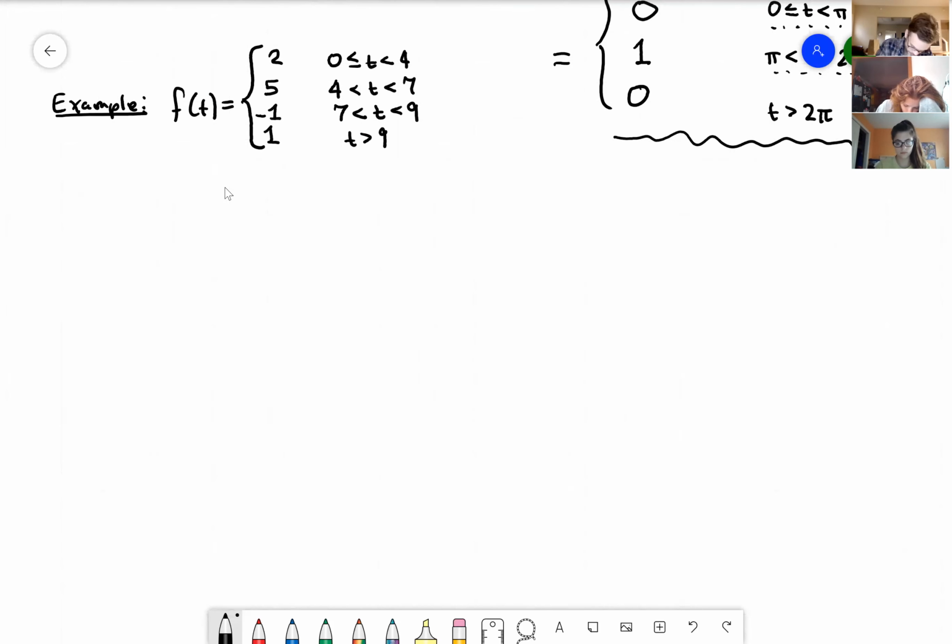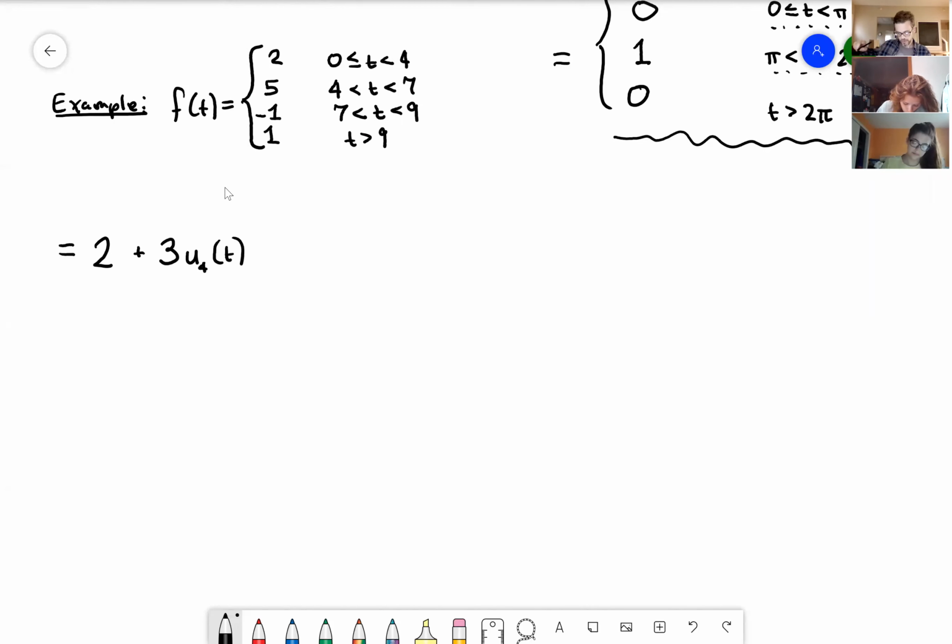So I want this function to start off at 2. So going from 0 up to 4, it's equal to 2. That's easy. That's just 2. Now at 4, I'm going to transition from 2 to 5. So if I'm starting at 2, I want to go up by 3. I'm going to say plus 3 u_c, and my c is going to be 4. Okay.